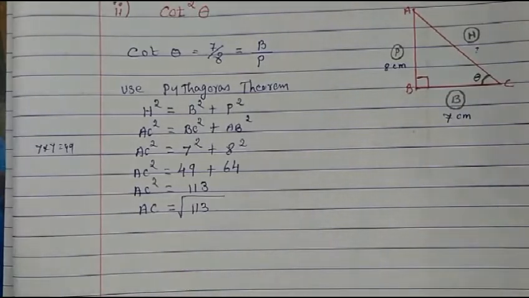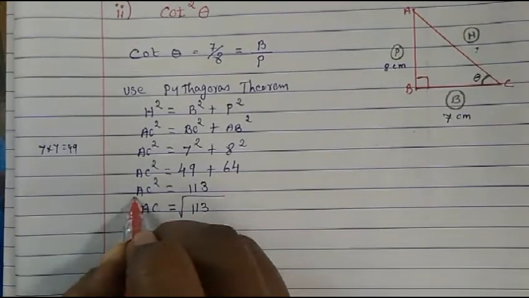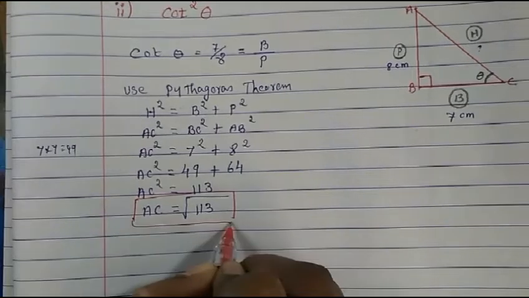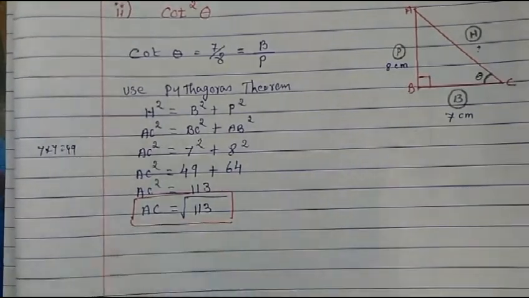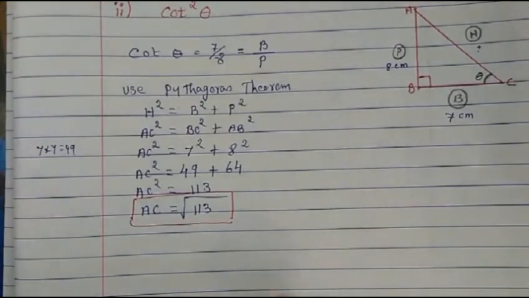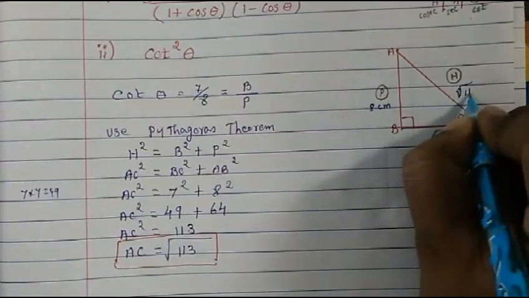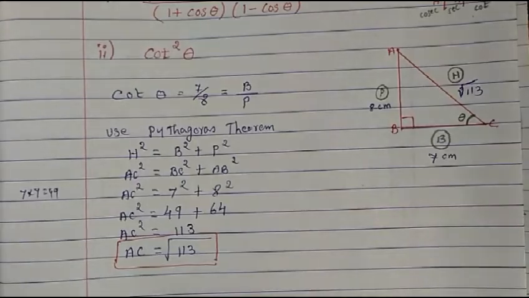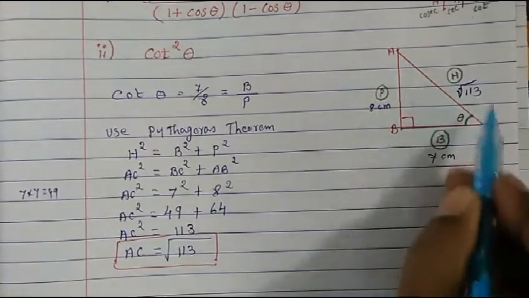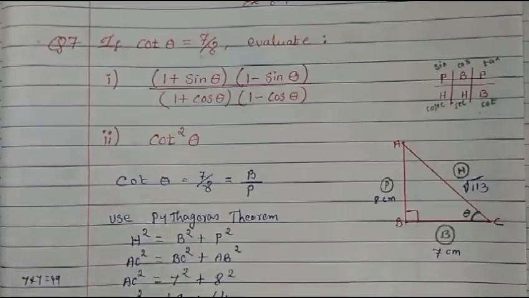This is not a perfect square, so we keep it as it is. So the AC value is under root 113. Now we know all sides, so let's come to solve the question, the first part.